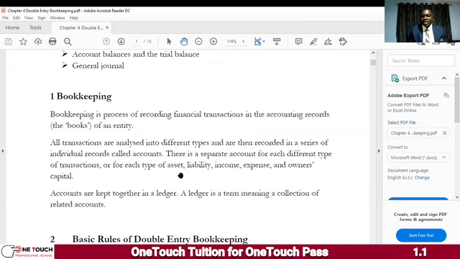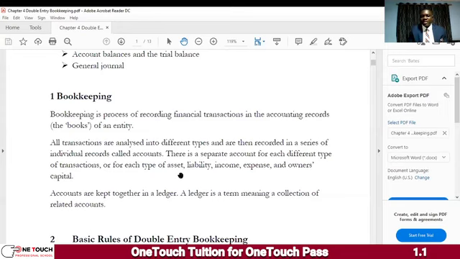There is a separate account for each different type of transaction, or each type of asset, liability, income, expense, and owner's capital. Accounts are kept together in a ledger.